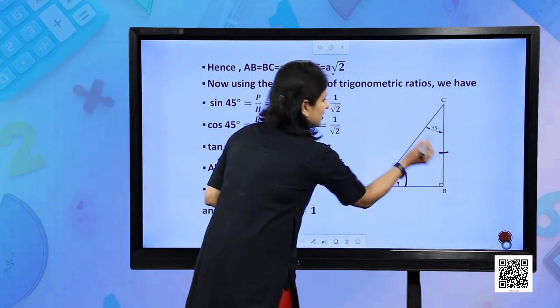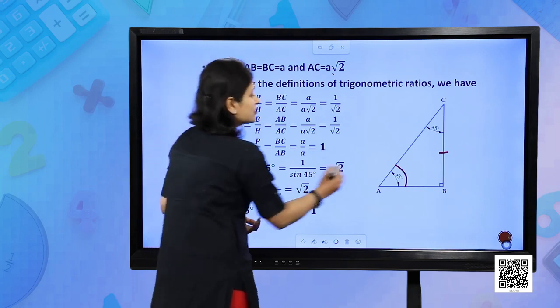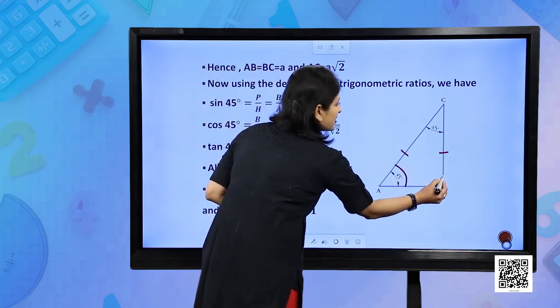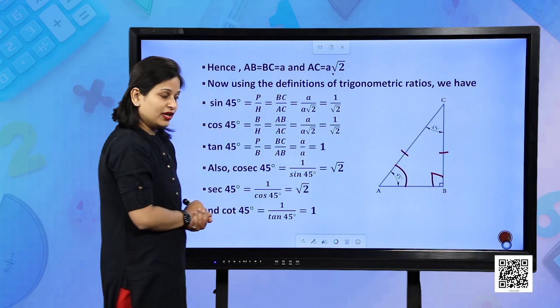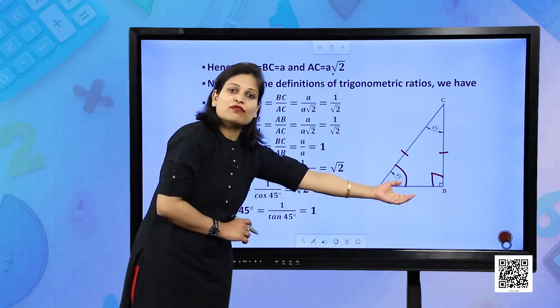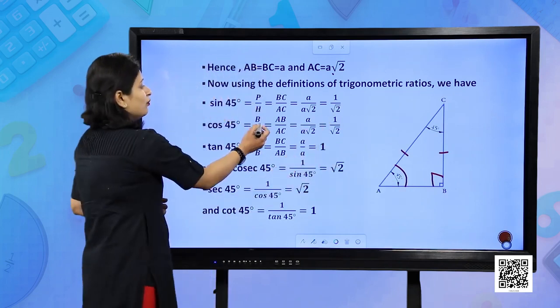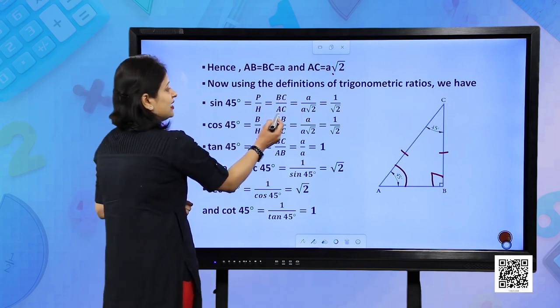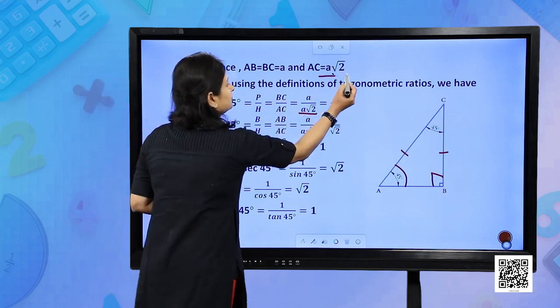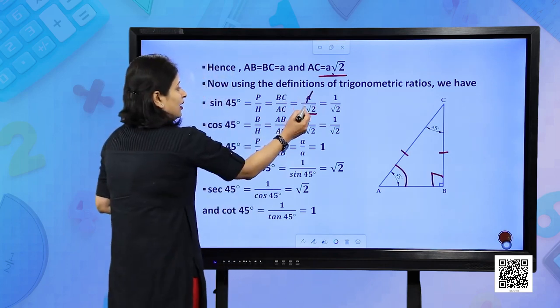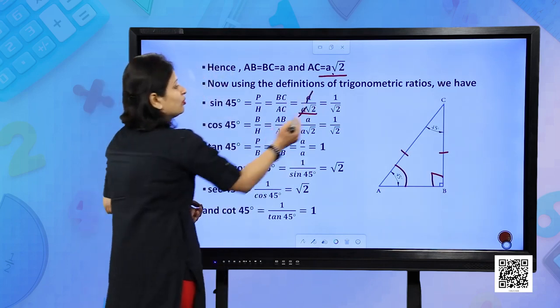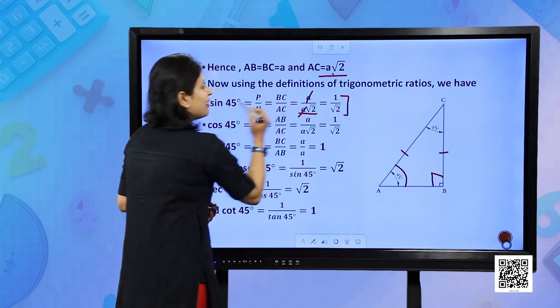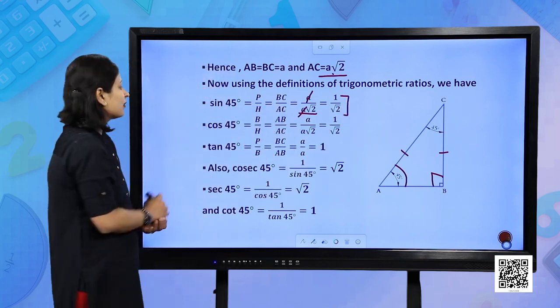Perpendicular is BC, hypotenuse is AC because angle B is 90 degree and angle A is 45 degree. So, substitute BC as A, AC as A root 2, A and A will get cancelled out, you will get the value as 1 upon root 2.